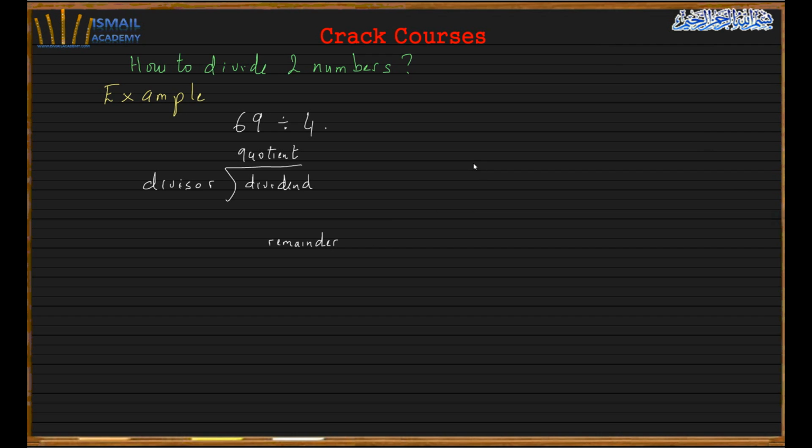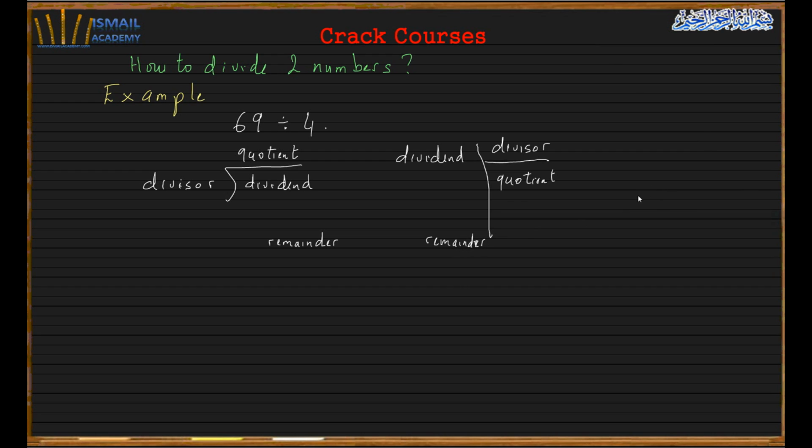Or you can use this other notation. Here we have the dividend, here we have the divisor, and here we have the quotient, and down here we have the remainder.